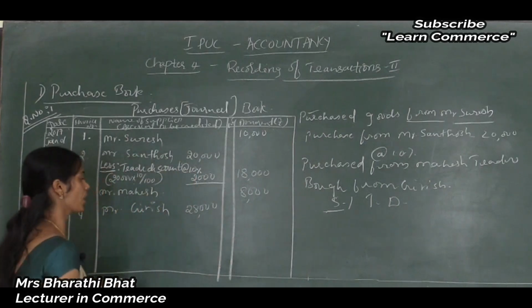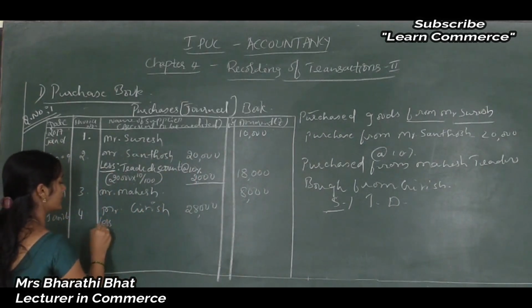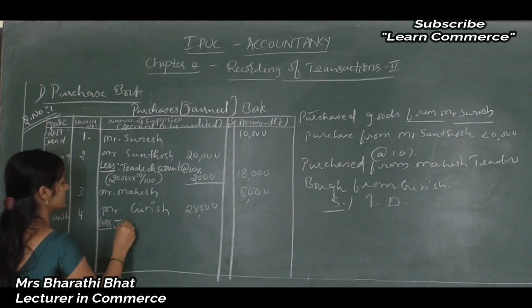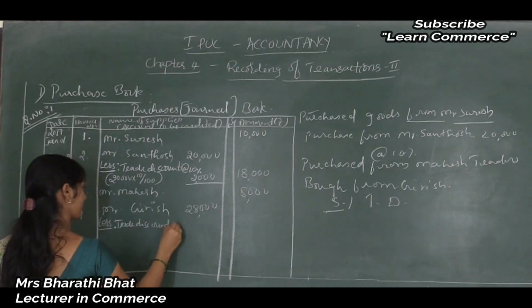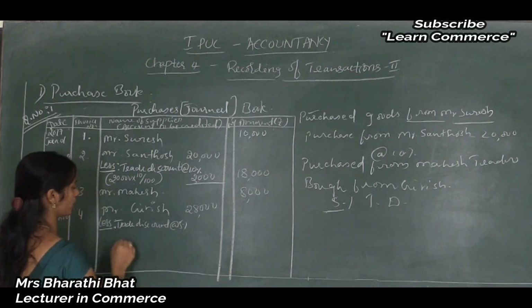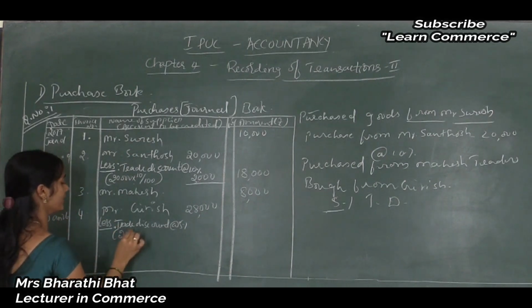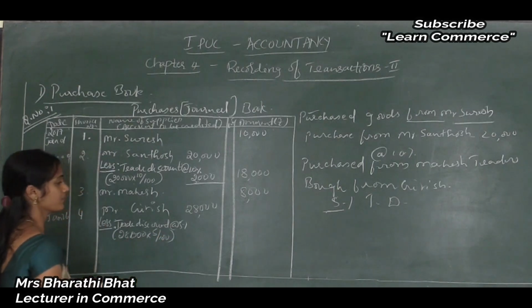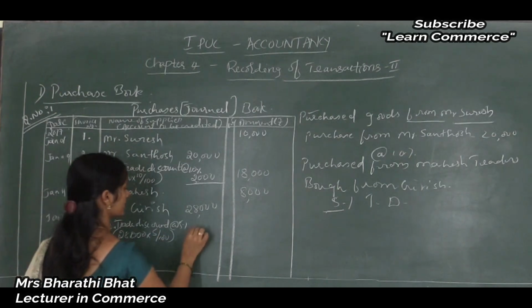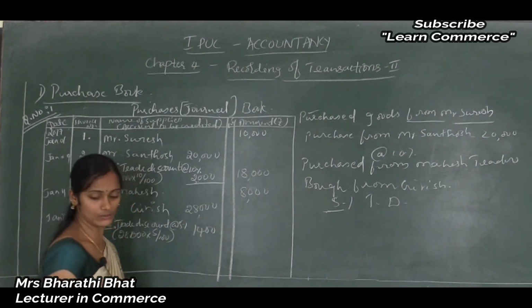Right? So how can we calculate? Below that, write less trade discount at 5%. 28,000 into 5 by 100. So what is the amount? 1,400.